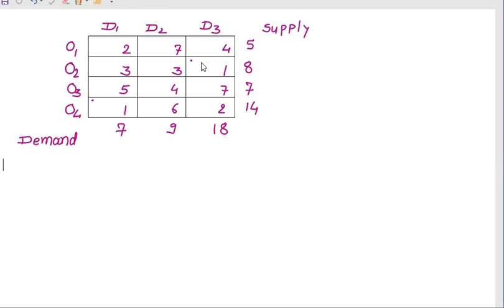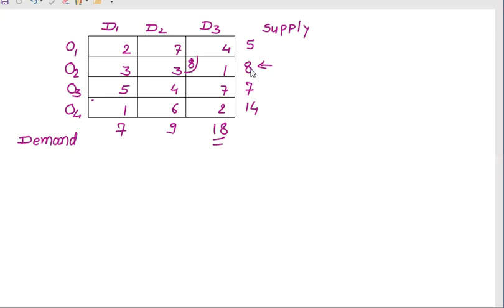Let us select this cell, second row, third column, and allocate the maximum possible quantity. What is the requirement at this warehouse D3? The requirement is 18. And what is the supply available at the second factory? The supply available is 8. So we can allocate 8 units.